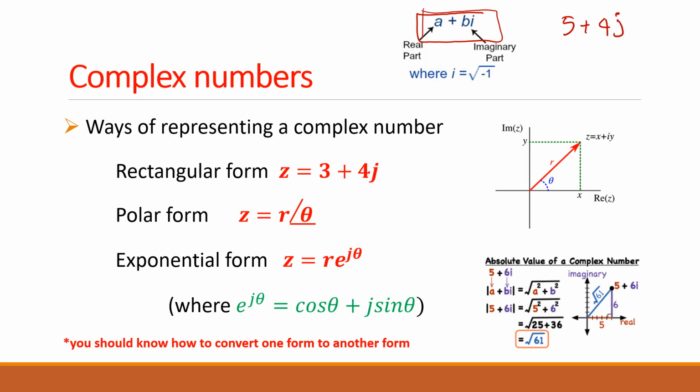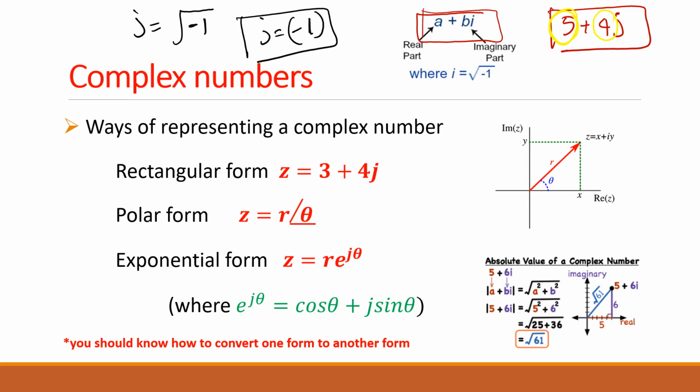What is this 5? 5 is the real number, and 4 is the imaginary number, isn't it? So what is this j? j means what? That will be the square root of -1, whereas j squared is -1. Is that right?